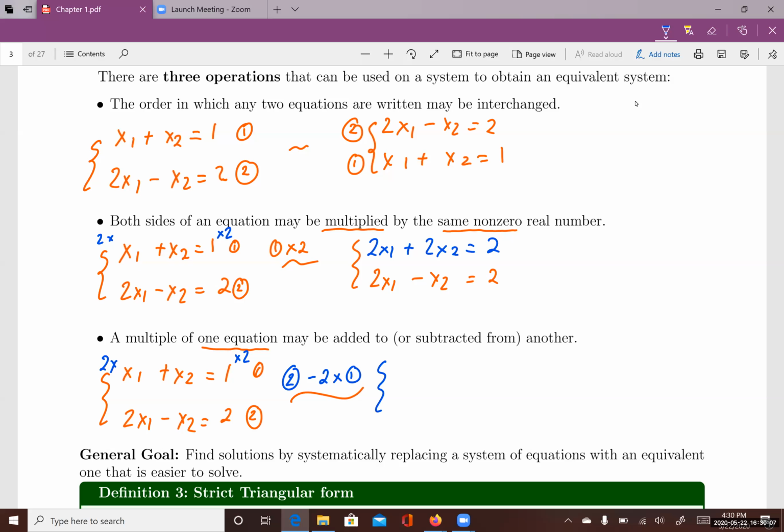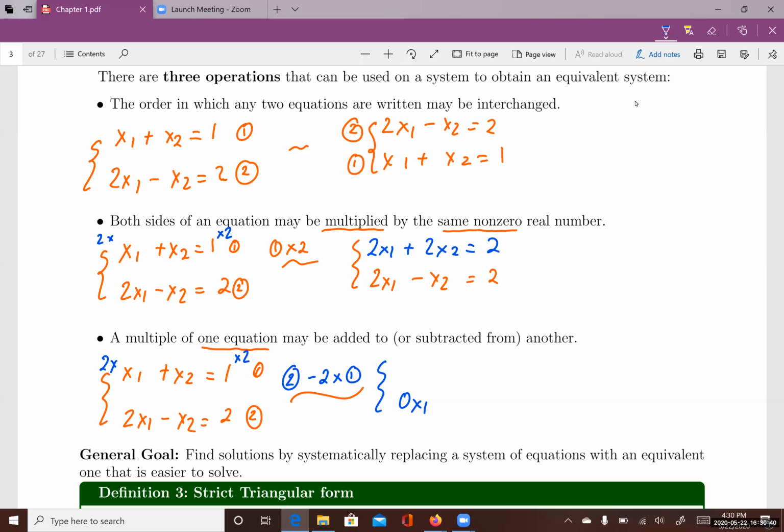So this is one operation, and it is a combination of maybe two operations. Maybe I multiply the first equation by 2 first, and then I take the second equation and subtract the new first equation. But if I combine the two operations at the same time, I can just do that. The result of this operation will be 2x1 minus 2x1 is 0x1.